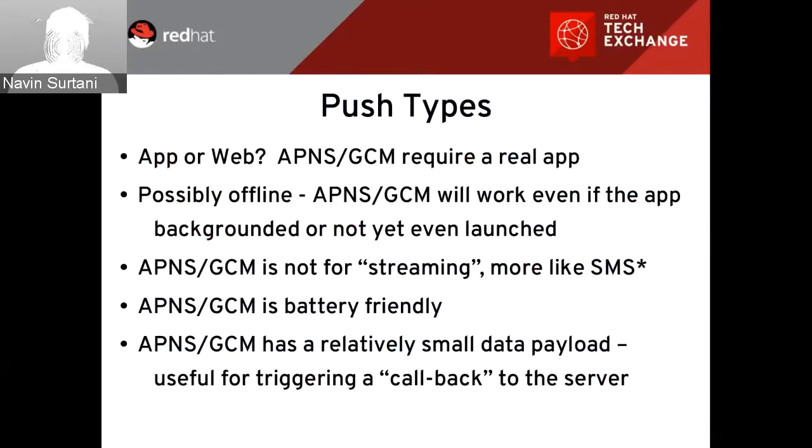For Apple I think it's 15 minutes, so don't expect miracles. But we've done some tests, and we also have QE working on those. I think we're heading towards a few seconds, and typically we've noticed with Google and Apple below 5 seconds response time. It's battery friendly, and also has a very small data payload.